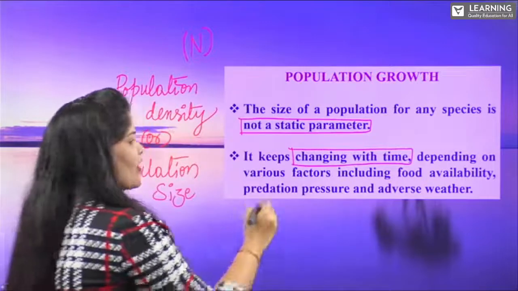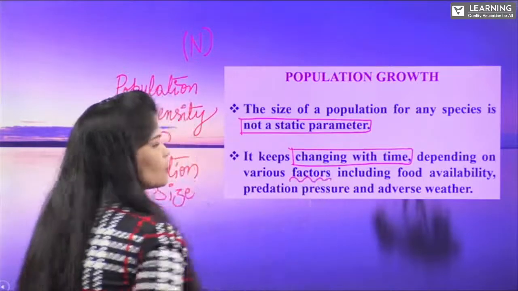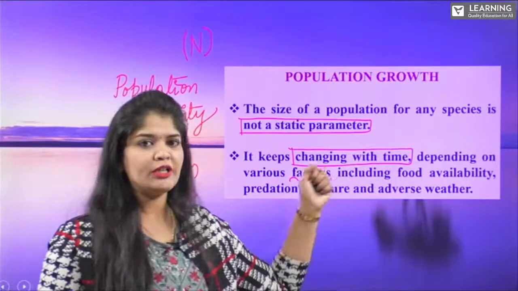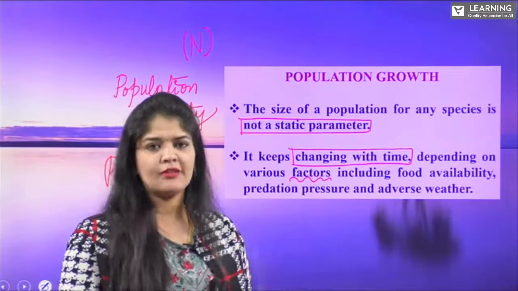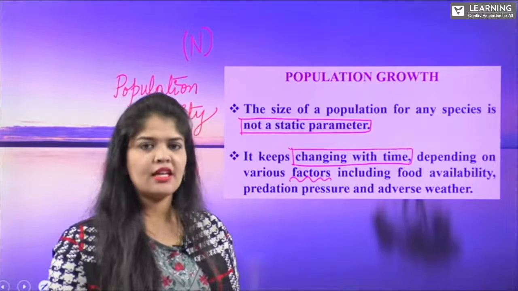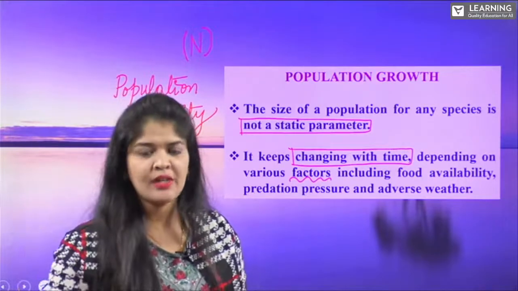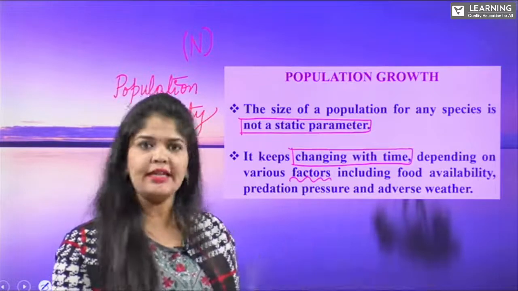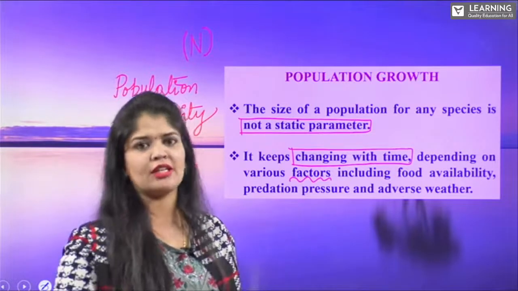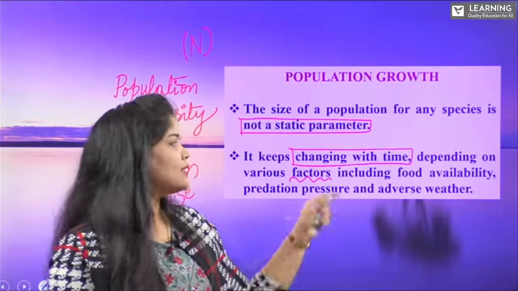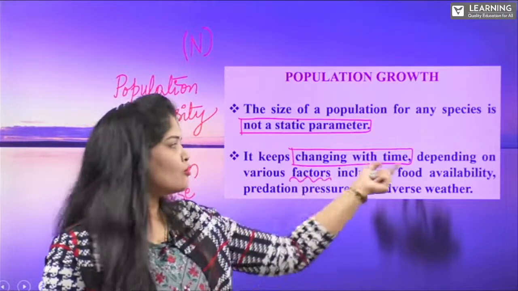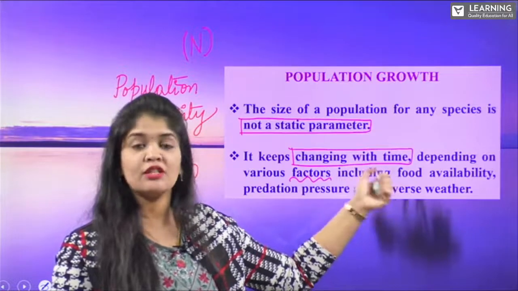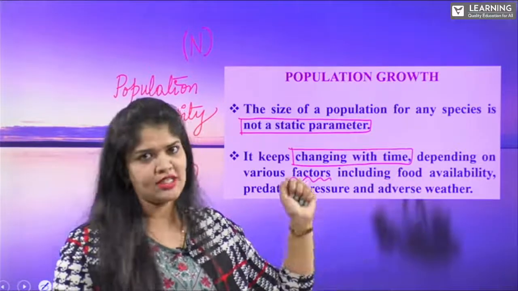It depends upon the factors. Just now we mentioned what the factors are, which include availability of food. Definitely, if food is available, then there is an increase in the population size. If there is a lack of food, then it is going to decrease, showing a decreased effect in the population density. Food availability is one of the major factors that influence changes in population density.